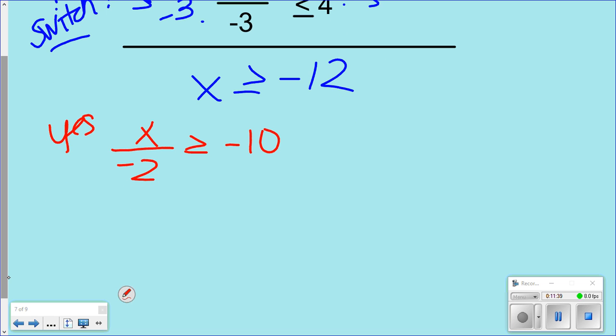Is this a time? No. Would this be a time? Yes. What has to be negative? That 3, right? So anytime the number with the variable is negative, you switch that inequality sign. The other sign does not matter.